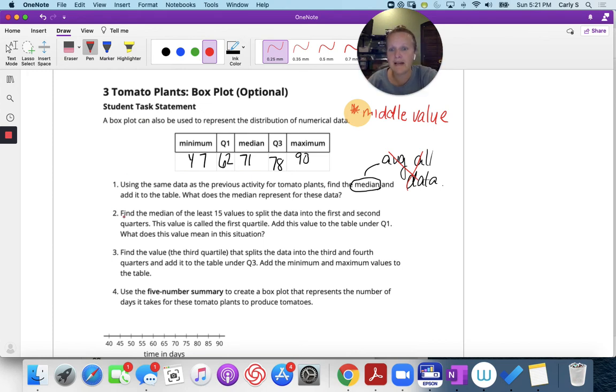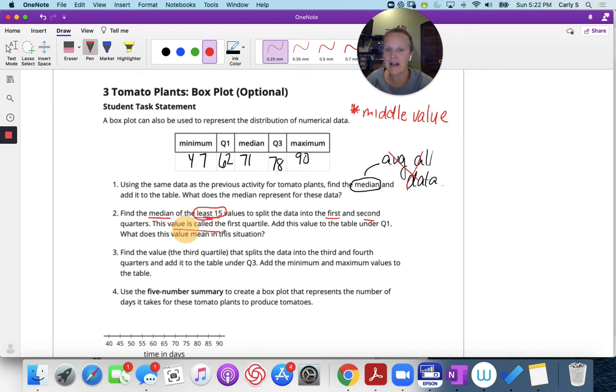Now, find the median of the smallest. I don't like how they say least, of the smallest 15 values to split the data into the first and second quarters. So we would look at all the data and list the smallest 15 and then find the middle of that and split it into the first quarter of the data and the second quarter of the data.